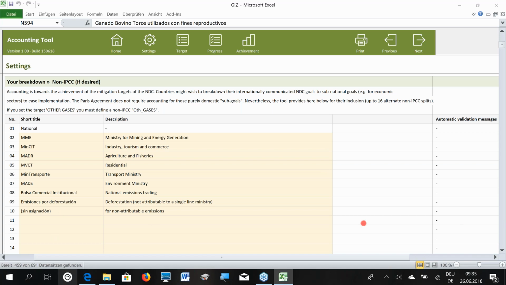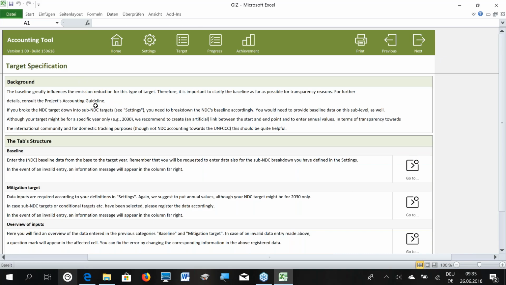And you can include several sectors, or here it's ministries on the level of line ministries, but you could also include any other breakdown. With this said, I would like to go to the next sheet, where you introduce already your first real data.